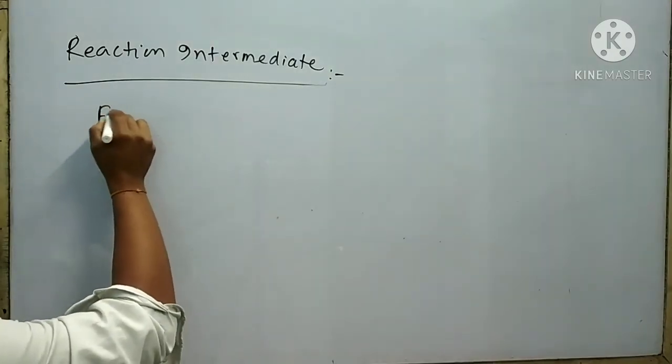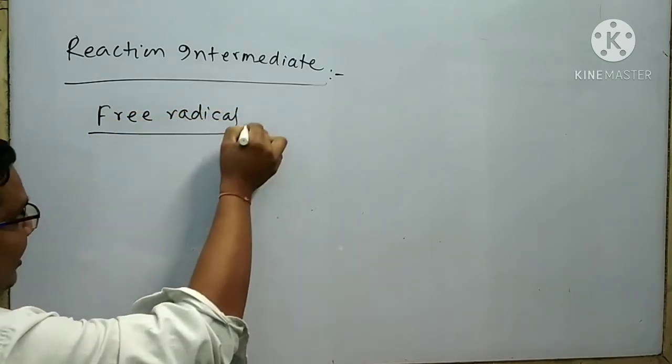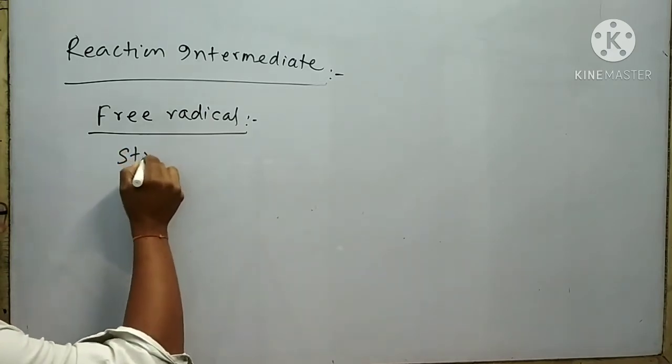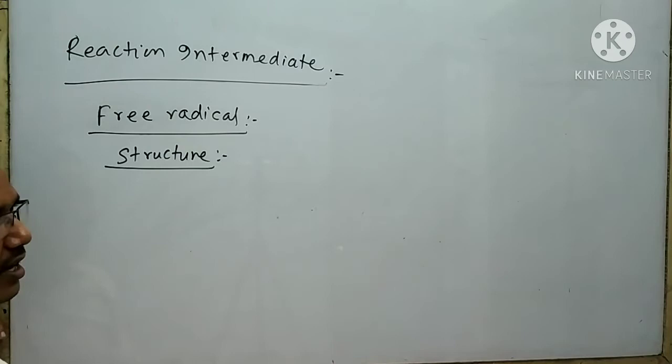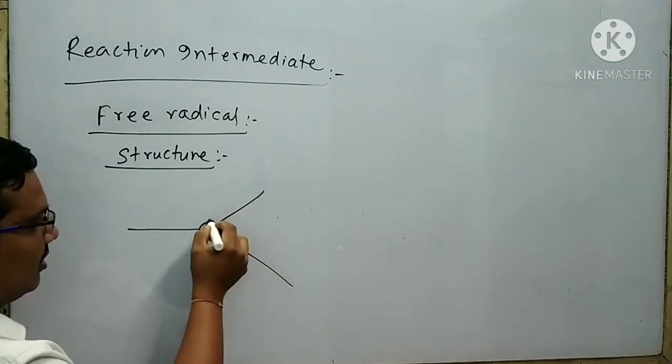Next is free radical. This was already discussed in the components of organic reaction. Here I will discuss the structure of free radical. The structure of free radical is drawn like this.